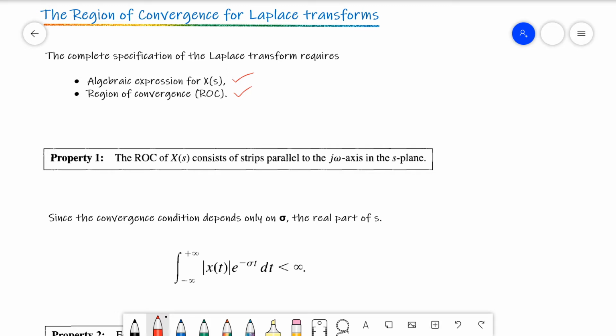So if we see the S plane, this is the real part and this is the imaginary part of the S plane, and if we fix this point, let's suppose, as sigma, then this will define this whole vertical line. So what does that mean? That the region of convergence will be either on this side or on this side. So this will define the strip which is parallel to the j omega axis.